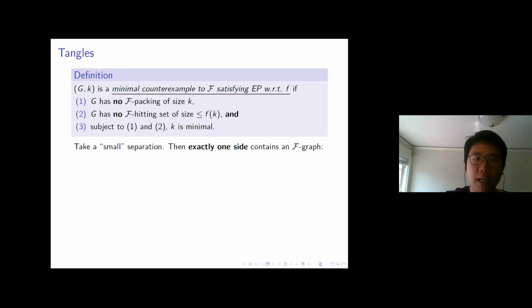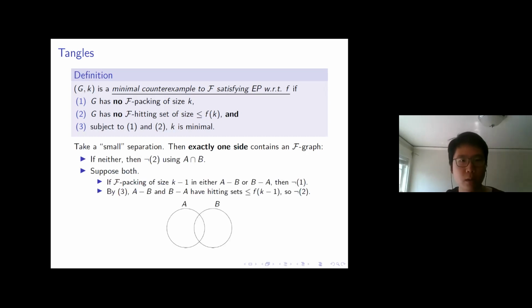Okay, so I claim that whenever I take a small separation, exactly one side of the separation contains a graph in F. Here's the proof. Take a small separation A and B. Suppose that neither side contains a graph in F. Then the vertices in the intersection are going to be a hitting set for all subgraphs in F. And that violates the second condition, because we're assuming that there isn't a small hitting set.